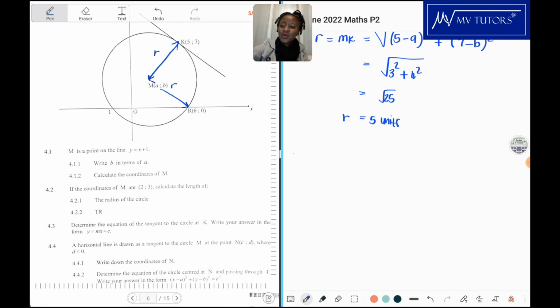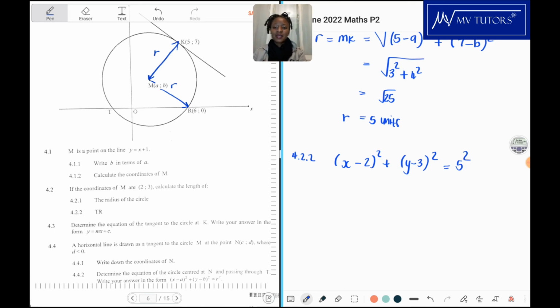And then 4.2.2, it says calculate the length of TR. T is the x-intercept of the circle. Guys, to get the equation of a circle, you need a center and you need the radius. So we can write down the equation of the circle, which would be x minus 2 squared plus y minus 3 squared, and that is equal to 5 squared.